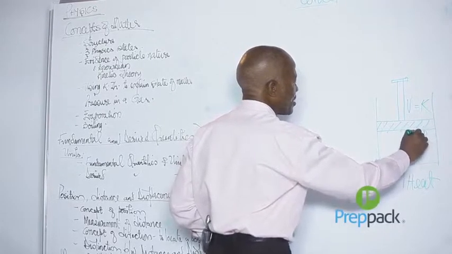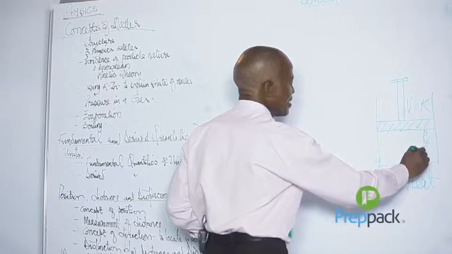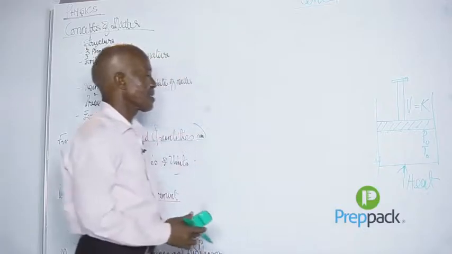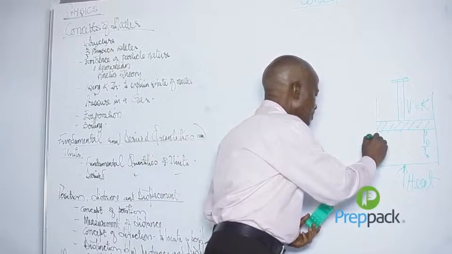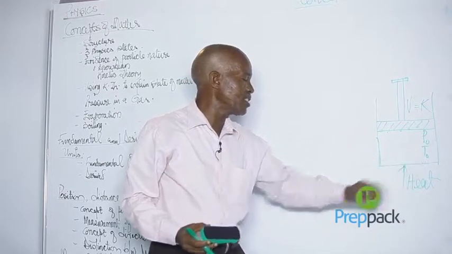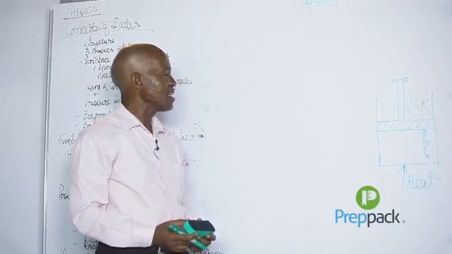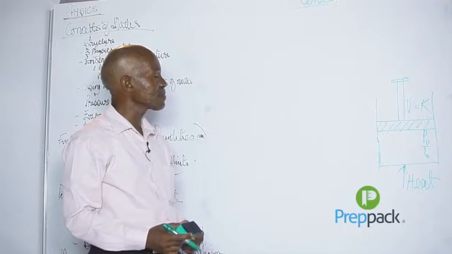So we are looking at the pressure and the temperature. At the initial pressure P0, we consider the temperature to be T0. That is the initial pressure and initial temperature, respectively.